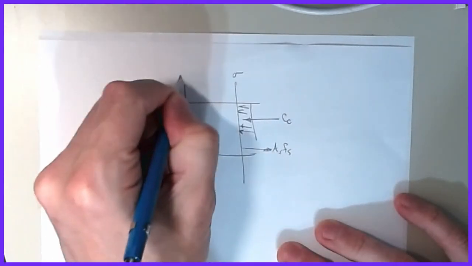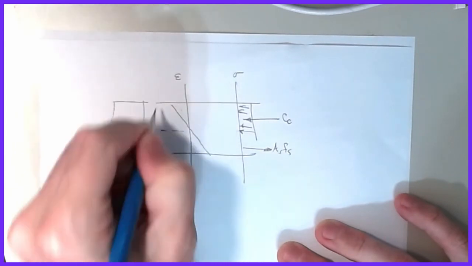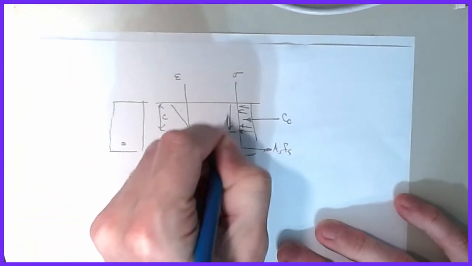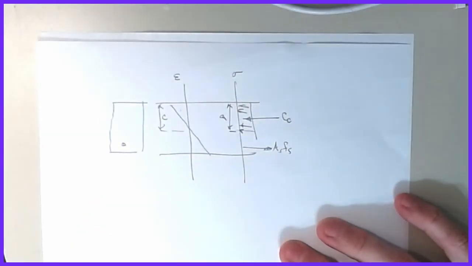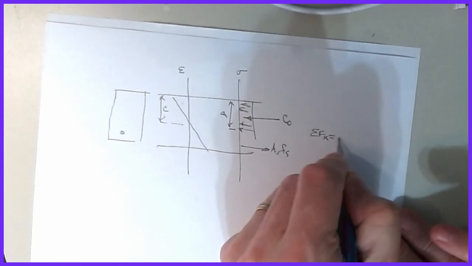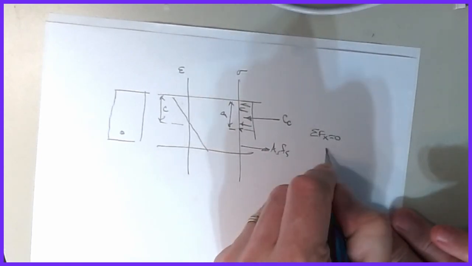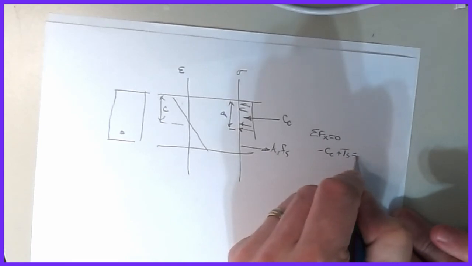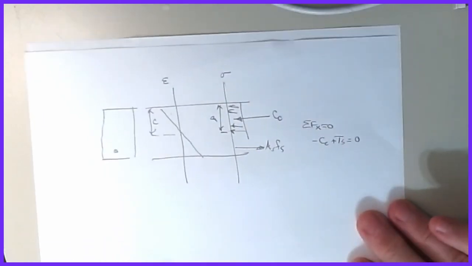Yes. There's stress, there's strain. This was our distance c, so the block height was a. And then we went through and basically wrote sum of forces in X equals 0, and it was minus C sub C plus our T sub s was all equal to 0.